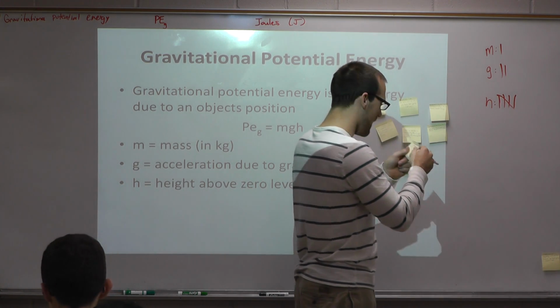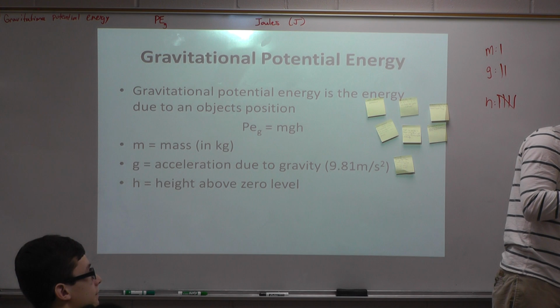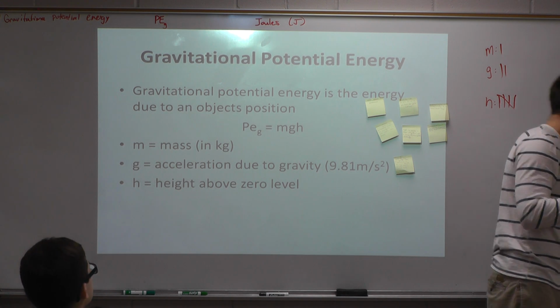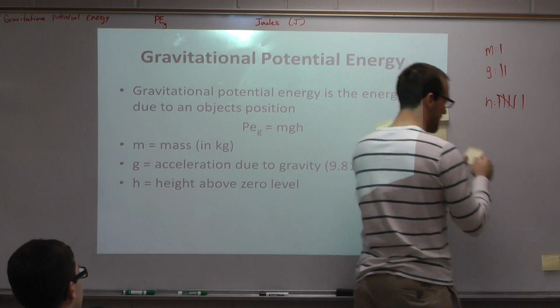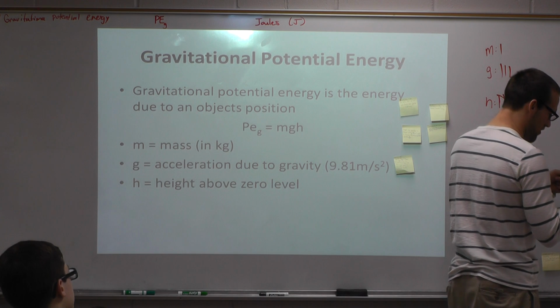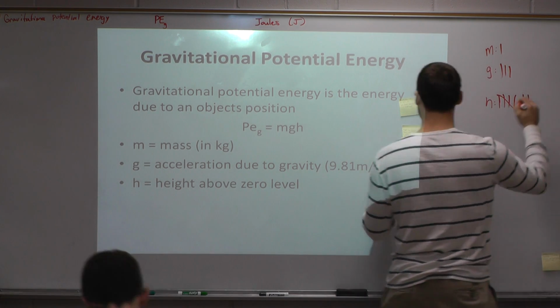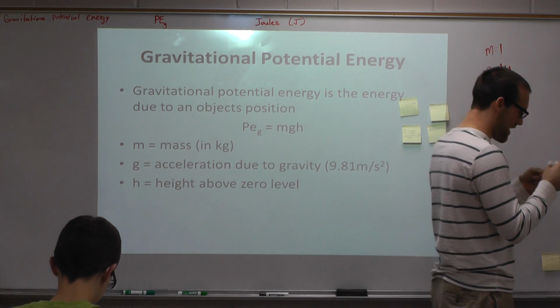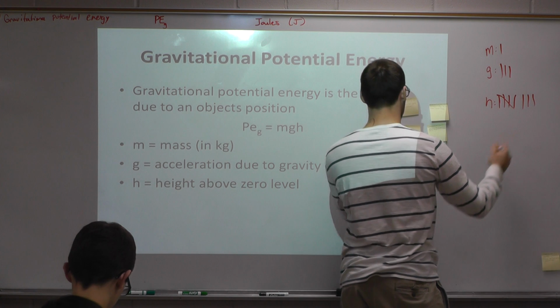H, because mass doesn't affect the gravity, it never changes something. Gravity, because it's gravitational. Height, because the higher in the atmosphere, the less gravity, and the lower, the more gravity, something like that. Height, because how high the object is determines how long it will fall and how much potential energy it has.